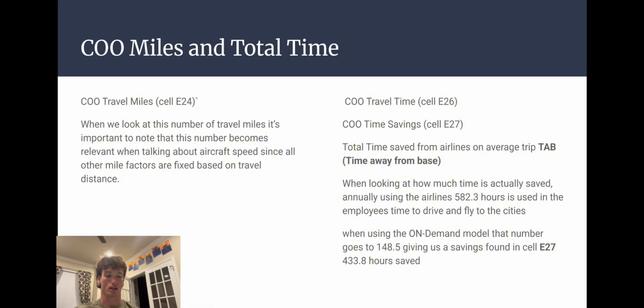Then you take the subtraction from that, and you get that we save 433 hours roughly using the on-demand model, going drastically from just under 600 hours of travel to 150 travel hours using the on-demand model. So whenever we plug in different airports, or if we had 3 different CEOs, that's time spent traveling that is not spent traveling anymore, and it's a very important number to look at, a big figure.